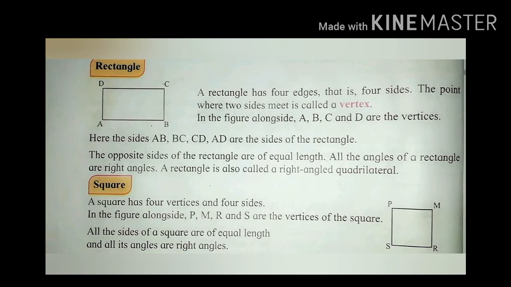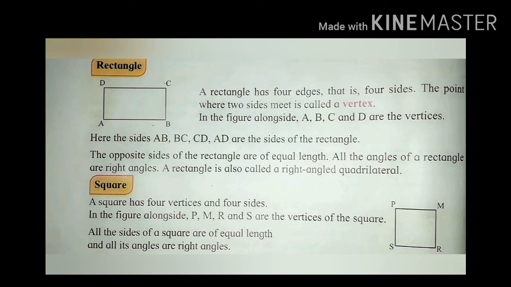Now here I am showing you a figure. This rectangle has four vertices named A, B, C, D. Every two sides meet at a point which is called a vertex.